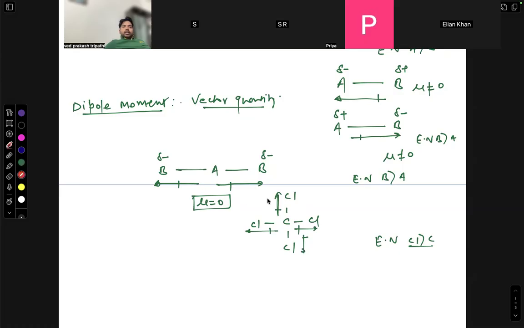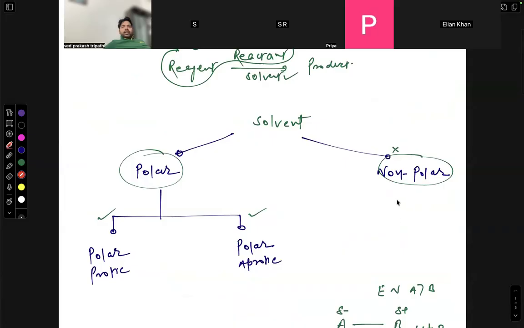You can see this and this are equal and opposite, so they cancel out each other. Similarly, right and left cancel out. So the net dipole here is 0. Whenever the dipole moment is 0 for any solvent, it is considered non-polar. Example: CCl4 is a non-polar solvent.